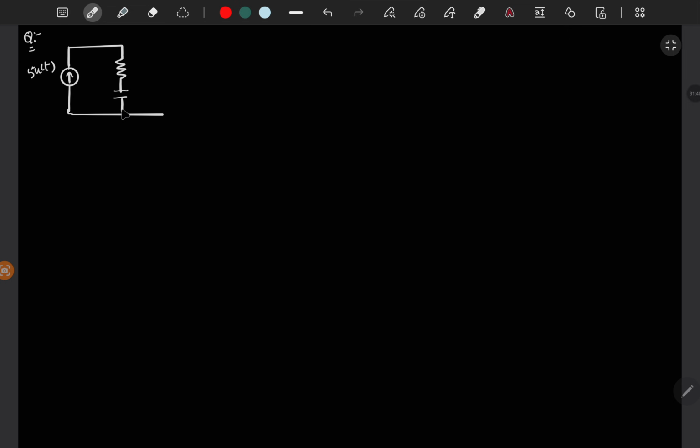Which is nothing but this switch is closed at t is equal to 0.